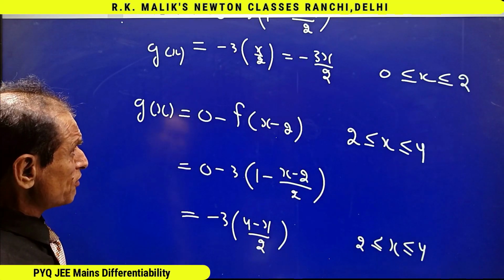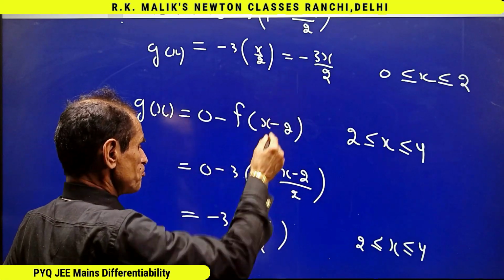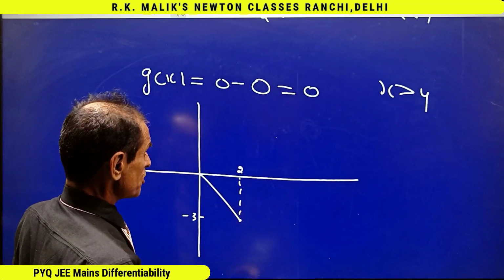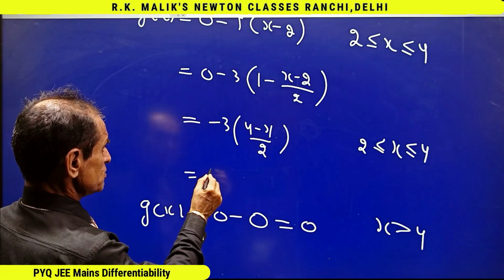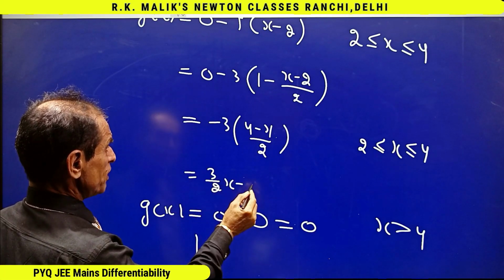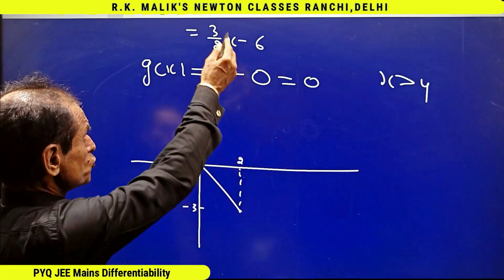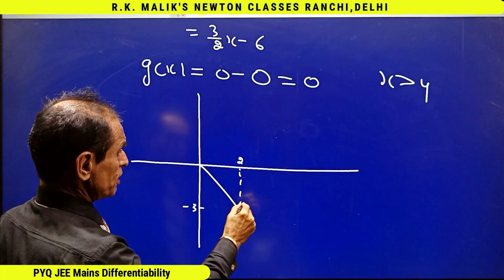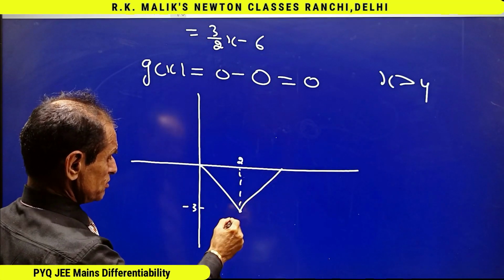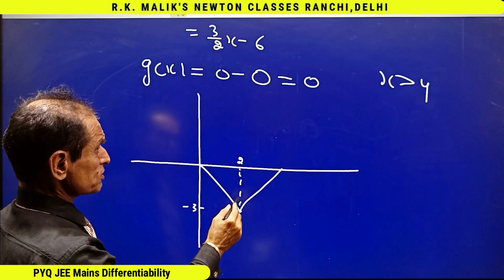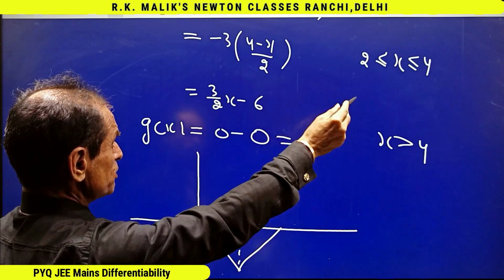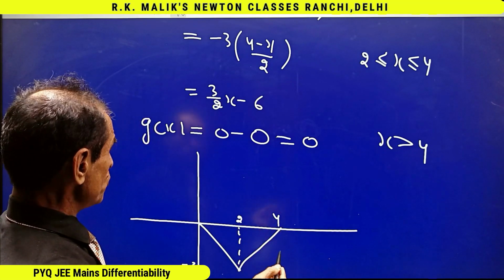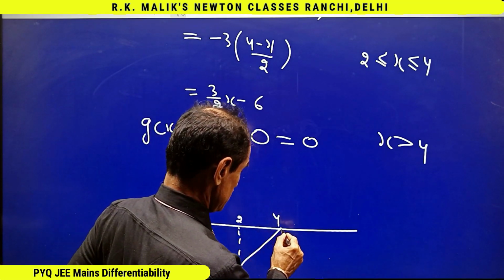It is also clear that for x equal to 2, both of them give the same answer. Hence, the graph will start from here. And because this is 3 by 2 x minus 6, that is, the slope is positive and the y-intercept is minus 6, the graph will be this thing. This side of the graph will not be there because I have supposed x is lying between 2 and 4. It is 4 here.